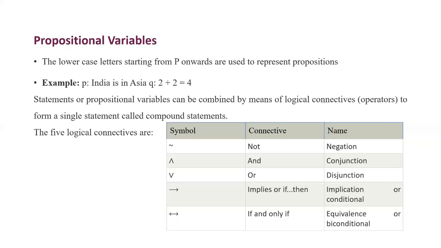These are the different symbols of these logical connectives. This is the symbol for not, or a bar is also a symbol for not. This is the symbol for and. This is for or. Implies has a one-directional arrow, and this is a two-directional arrow, the biconditional.